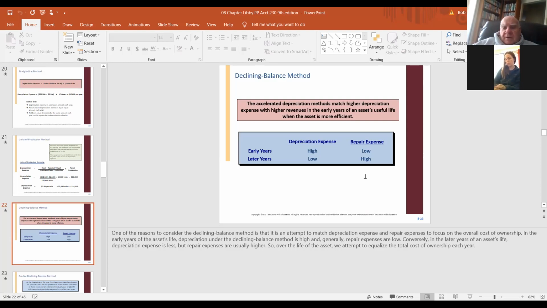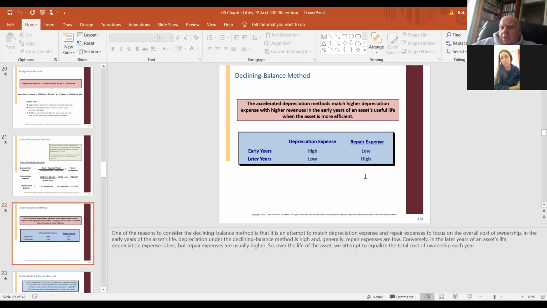Okay. Now, in this example, we're depreciating this plane or whatever it was, this ground equipment, for 3 years. Straight line, that was 1/3 a year, right? Under this method, doubling that gives you 2/3. That's not so hard.